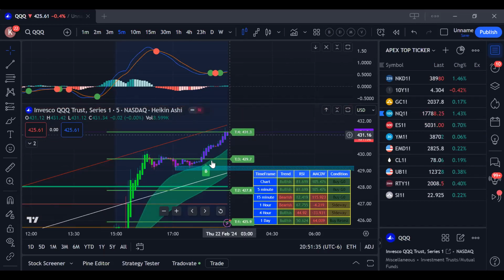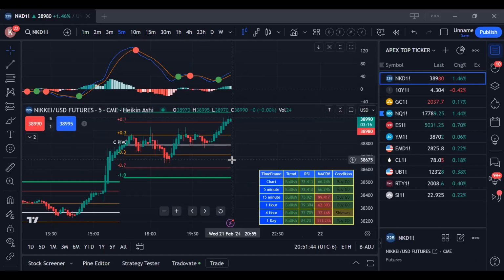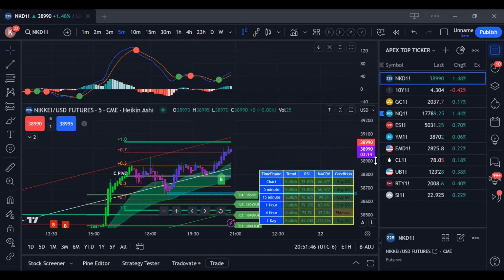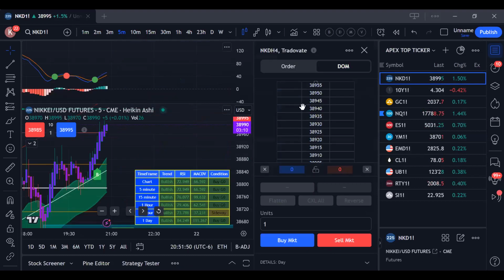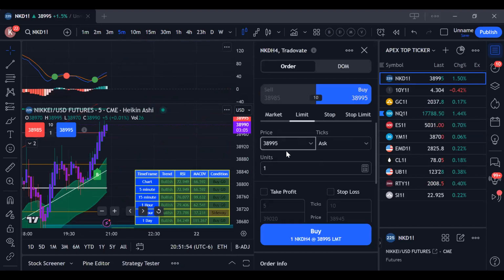Tomorrow again, we'll see, is it bullish? Is it bearish? And in that way we can take trades together by discussing, so you will understand when to go long, when to go short, how to use the trade option, how to buy and sell, or how you can just place an order and enable take profit and stop loss, all these things.